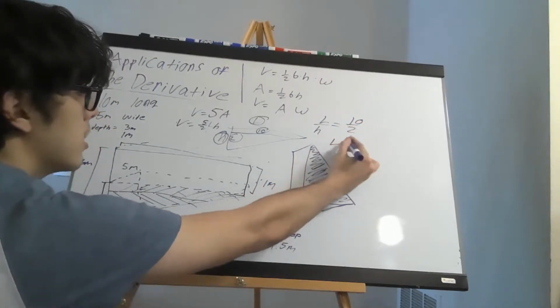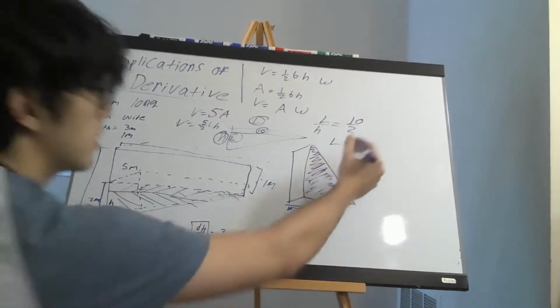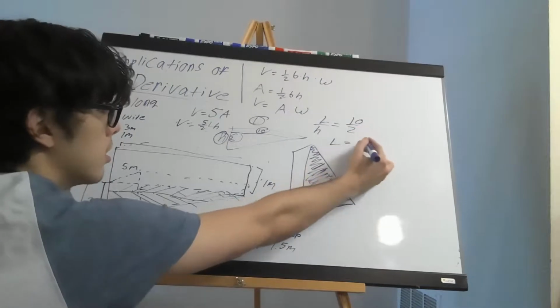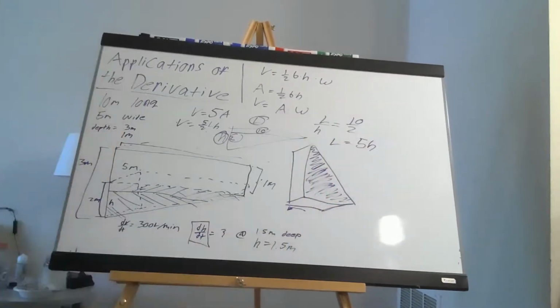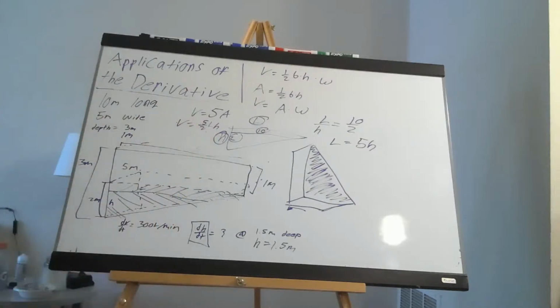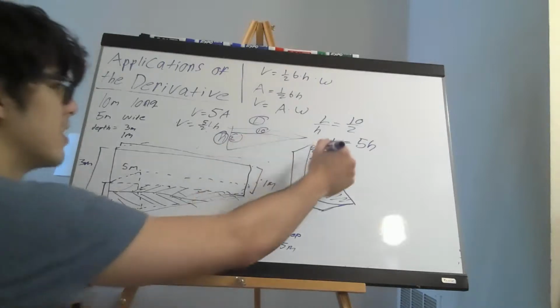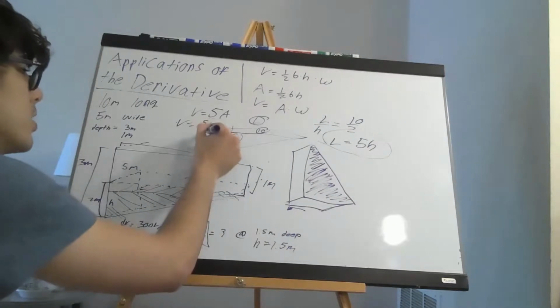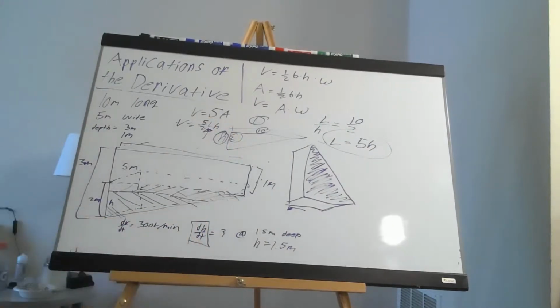So you get L equals, let's see, 5 times H. So now we've got our formula for volume, which is 5 over 2 length times height. So now we get to do the final part of it, now that we've got all of this into pluggable things that we can use, and we just do the algebra from here.